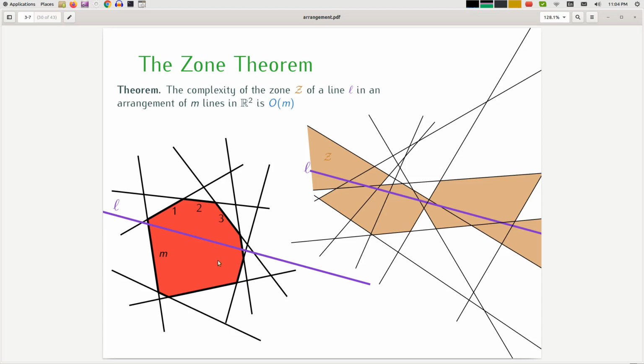But even though one cell could have m complexity, what we want to prove here is that all the other cells in total will still have O of m complexity. In other words, what this theorem says is that you cannot have too many highly complex cells in a row that can be intersected by the same line.